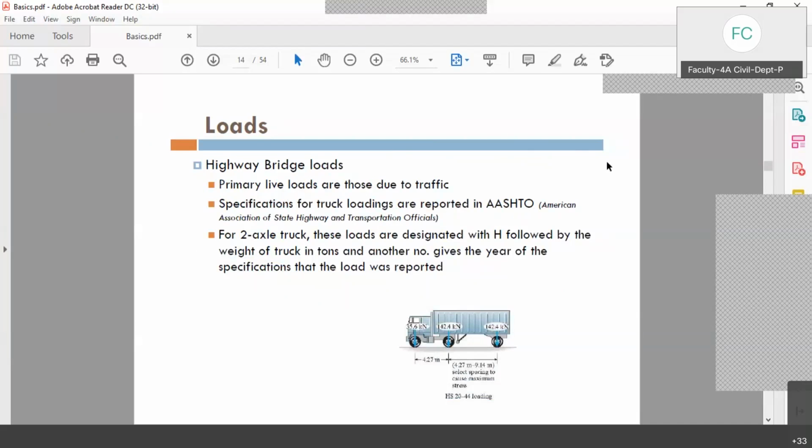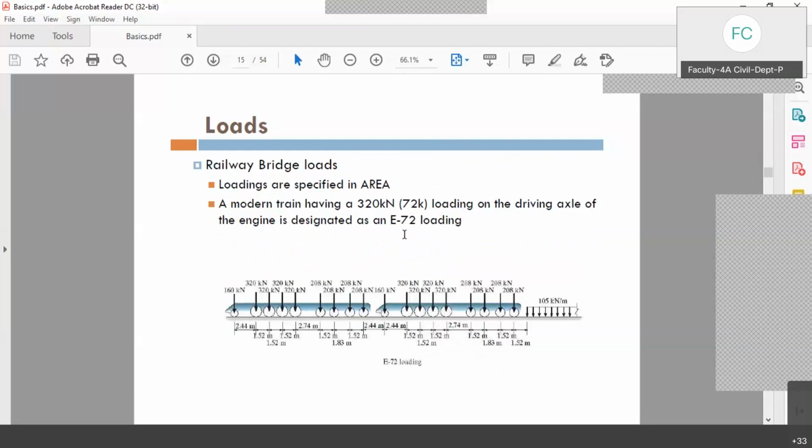Similarly, there are bridge loads as well, highway bridge loads, because of the traffic, you know it very well, and it depends upon the truck loading, whether it is a two axle truck or another type. Similarly, railway bridge loads are there.